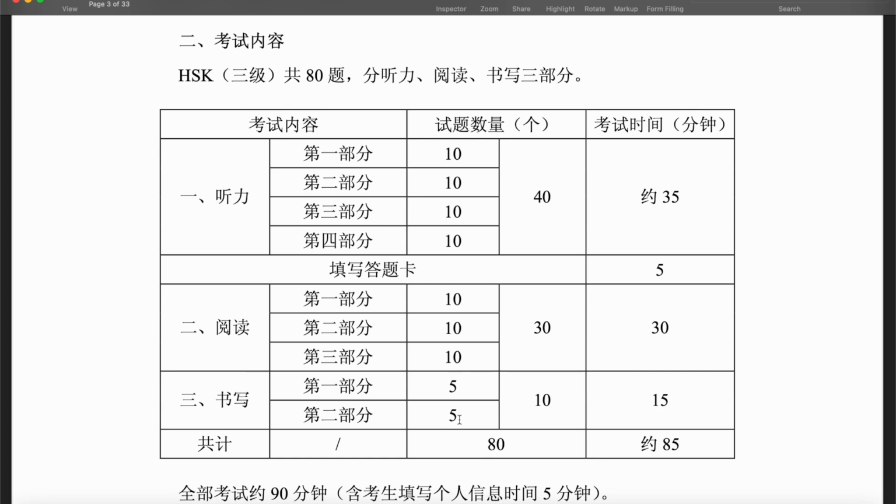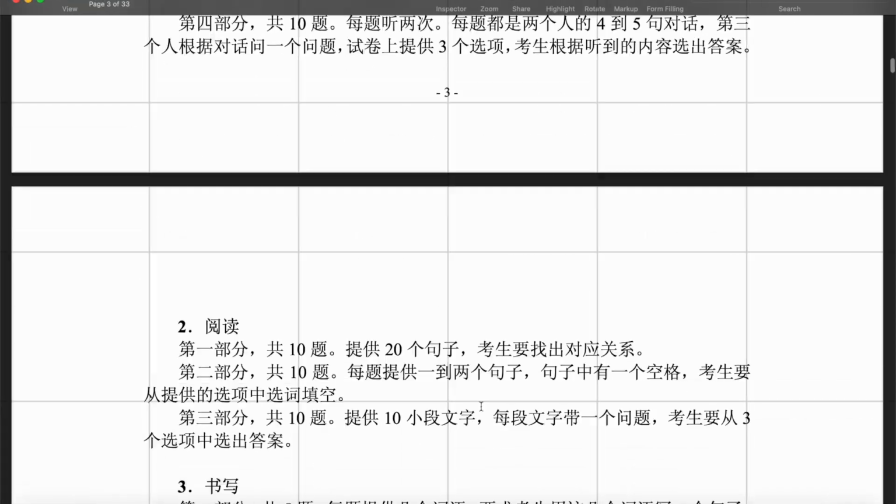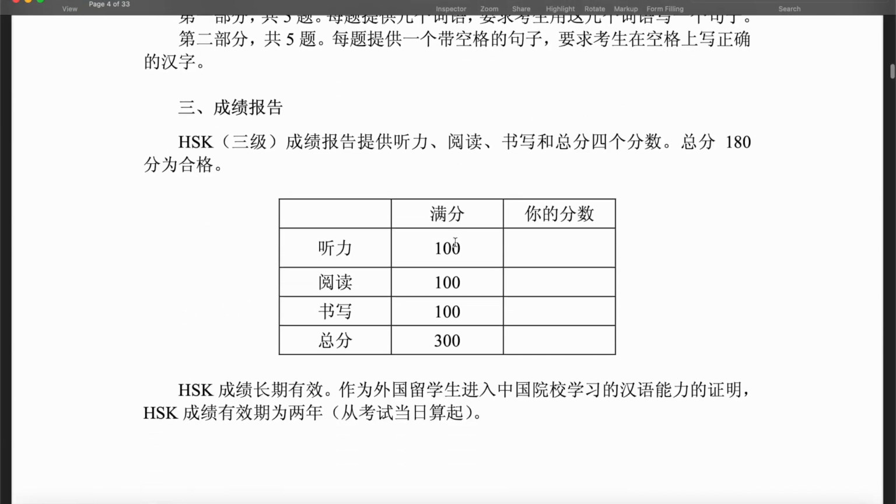Now here is a very important point which I am going to tell you. If you look at the marks, you can see the total marks for listening is 100, for reading 100, and for writing also 100. So what we have to understand here is that in listening we have a total of 40 questions, but total marks is 100.